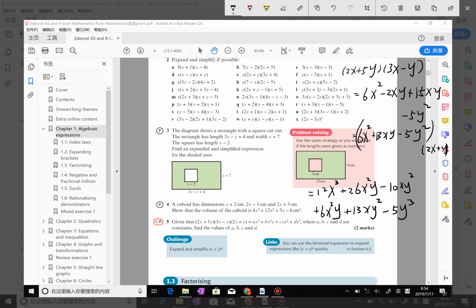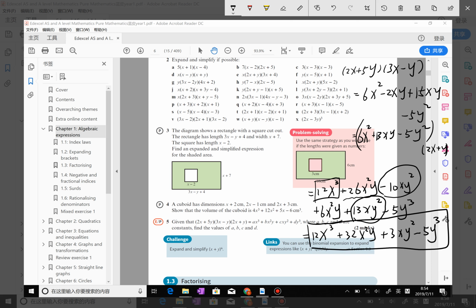So let's simplify. This is only x cubed. These two could be simplified. So we have the final answer 12x cubed, then plus 32x squared y, and then these two could be simplified, so plus 3xy squared minus 5y cubed. So this is the final answer.